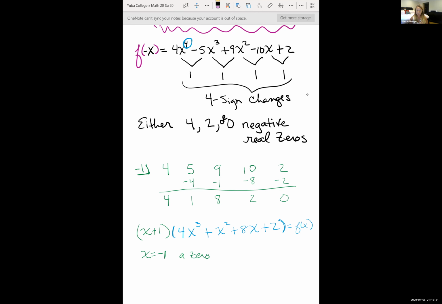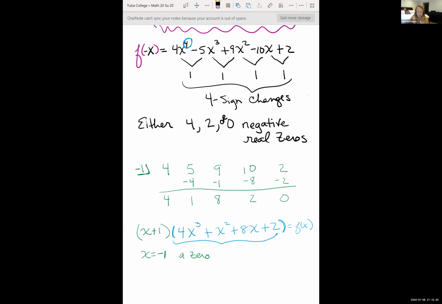Okay, so I don't want to go back to my original f of x and find the rest of the zeros with that. I've already reduced this, so if I have my remaining zeros of f of x, they also have to be factors or zeros of this quotient. And so it's easier if we just keep on making it smaller degrees.